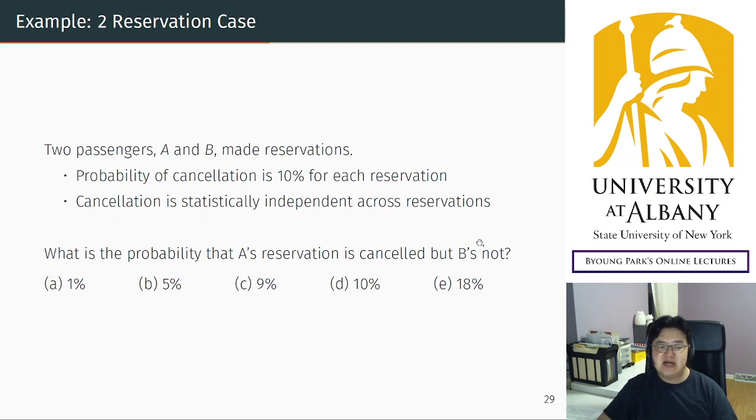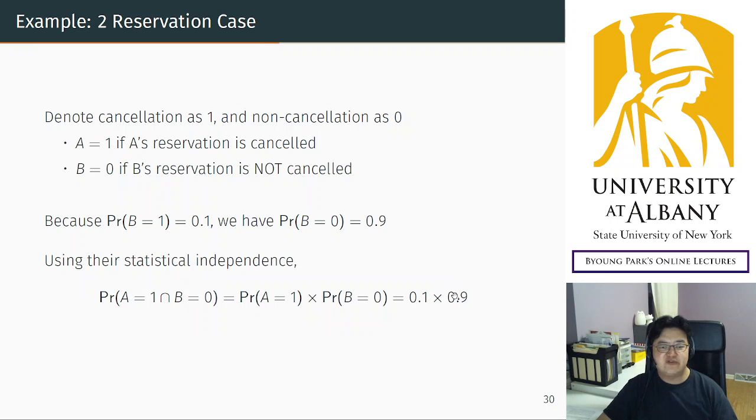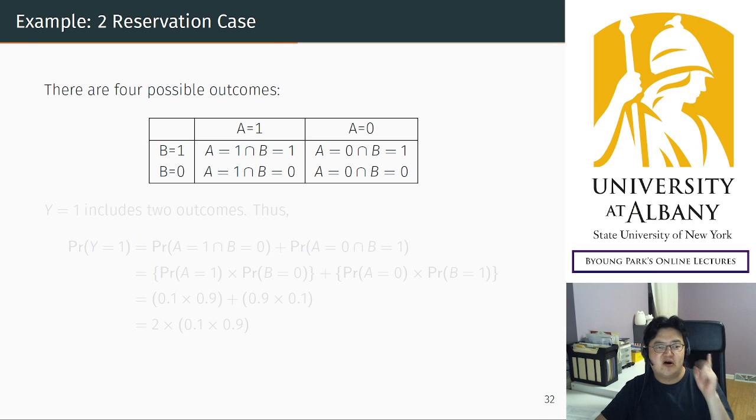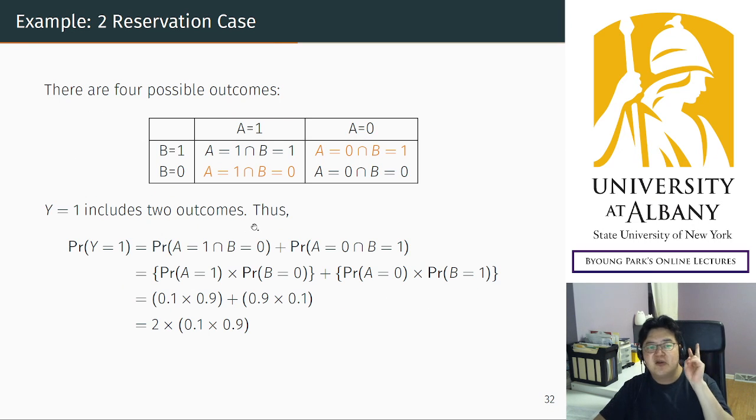B is not canceled, so you have to multiply by 0.9, the probability of non-cancellation. So that's one thing I want you to realize. And another thing is that there can be more than one outcome that corresponds to this event. And then from there, we are going to generalize.